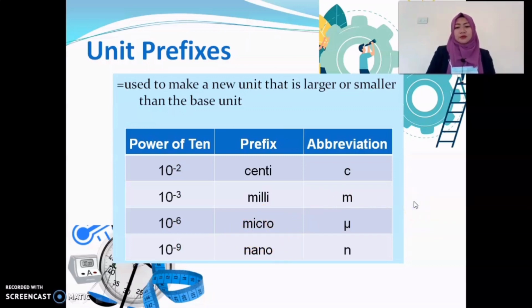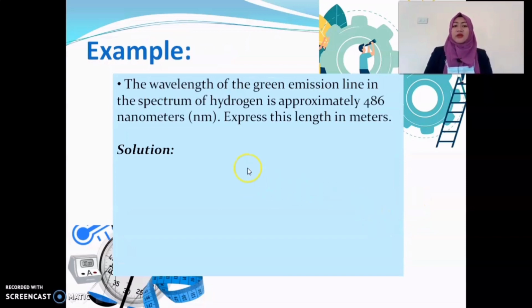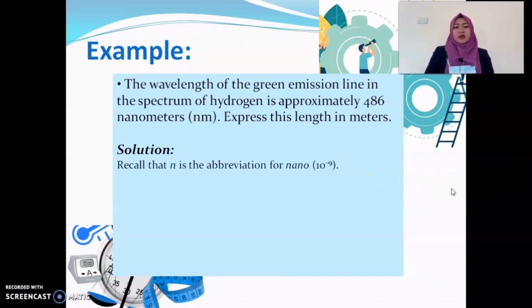For example, the wavelength of the green emission line in the spectrum of hydrogen is approximately 486 nanometers. So you have to express this length in meters. How are you going to do that? You have to recall that n is the abbreviation of nano, which is equal to 10 to the negative 9.